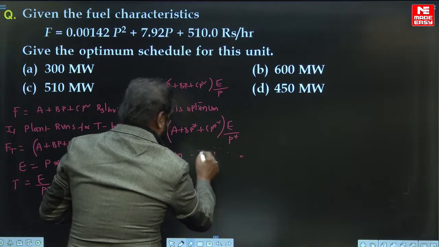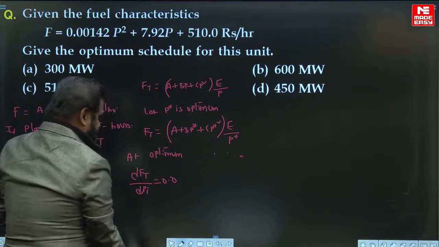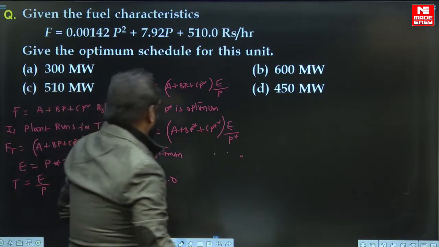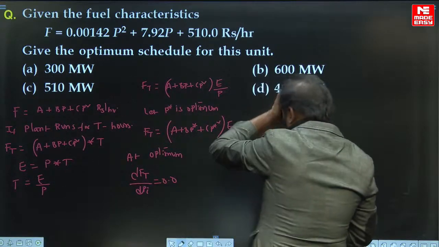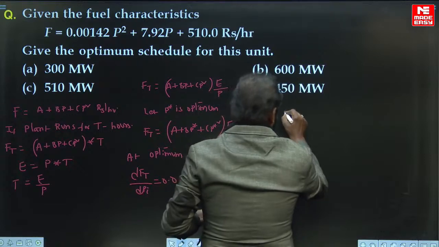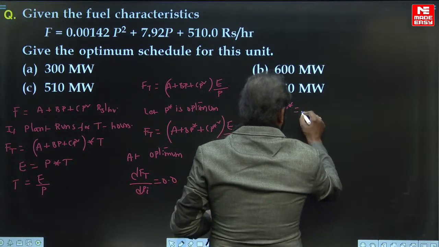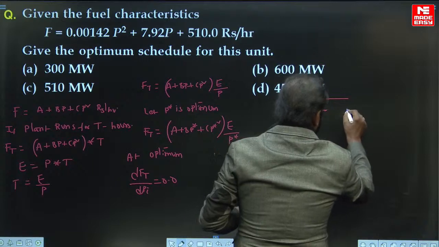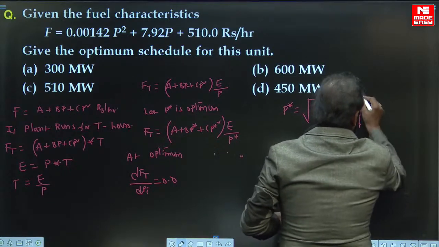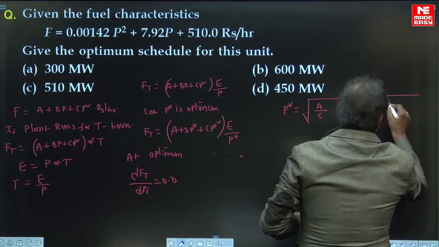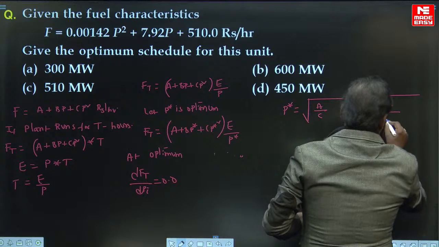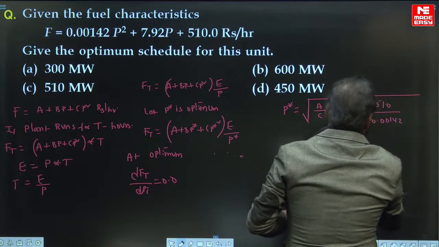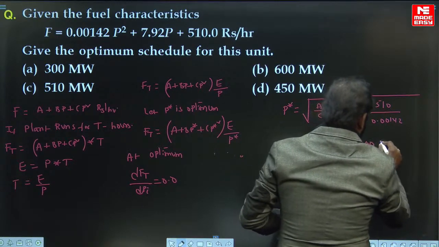At optimum, this is the condition that you have. Thereby, if you work this out, you get P star equals root over A by C, which equals root over 510 divided by 0.00142, that equals 600 megawatts.